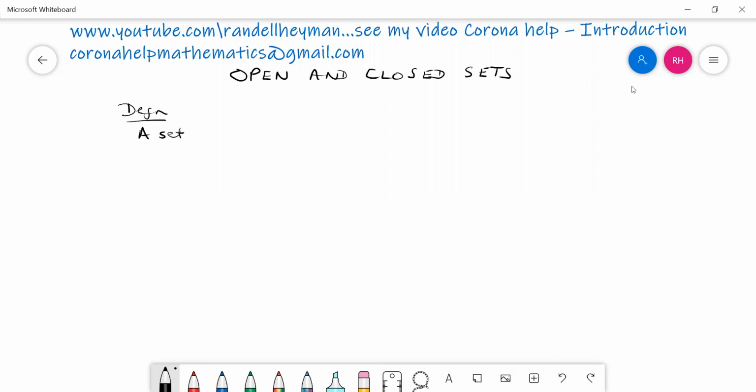A set is open if it contains none. So the important word here is none of its boundary points.